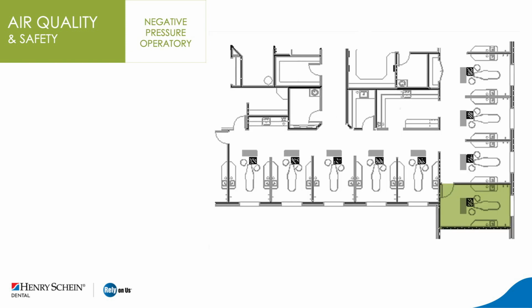Here is a floor plan graphic, and it's going to demonstrate an ideal location for a negative pressure operatory. Notice the green shaded operatory in the lower right-hand corner. The door to the clinical corridor that serves this operatory also separates the clinical corridor from that particular op.